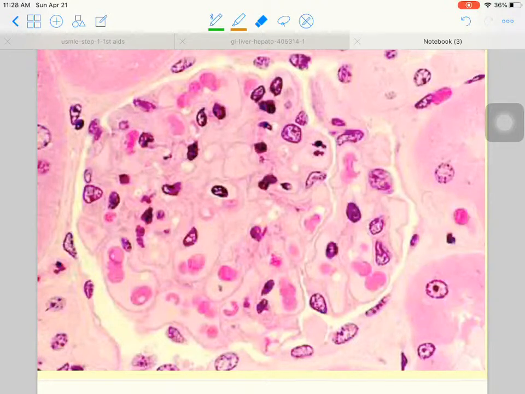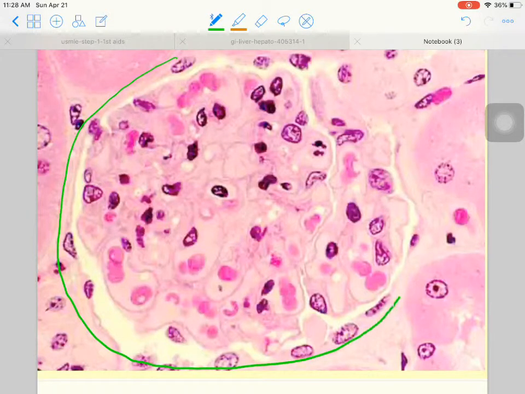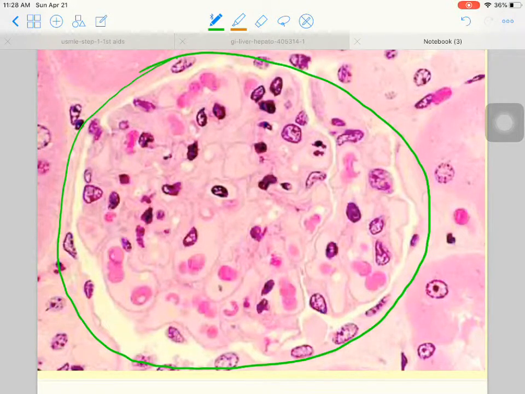Okay, so let's begin. First of all, we have the renal corpuscle, having the Bowman's capsule and the glomerulus. First, let's distinguish these red cells without any nucleus.